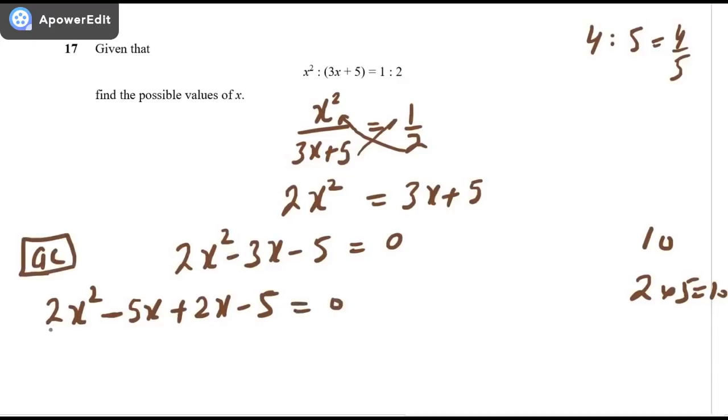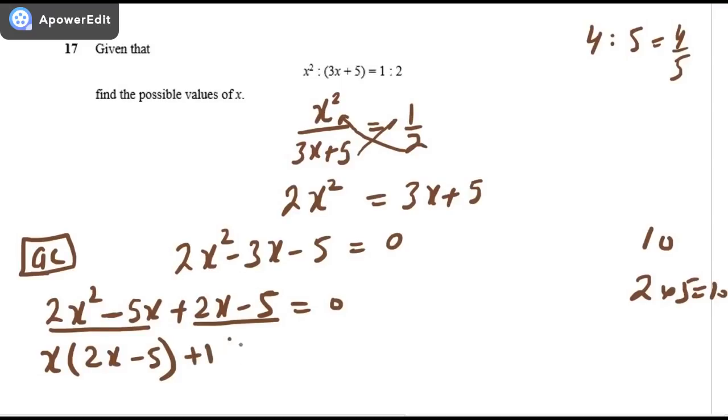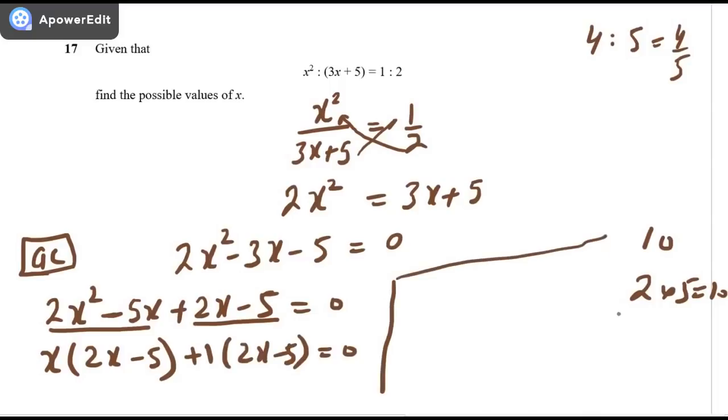This is equal to 0. So I'm going to factorise this. From here I can take x common, then we get 2x minus 5. Here I get plus 1, so this is going to be 2x minus 5, and it's going to be 0. So I'm going to write x plus 1 together, and 2x minus 5 equal to 0.